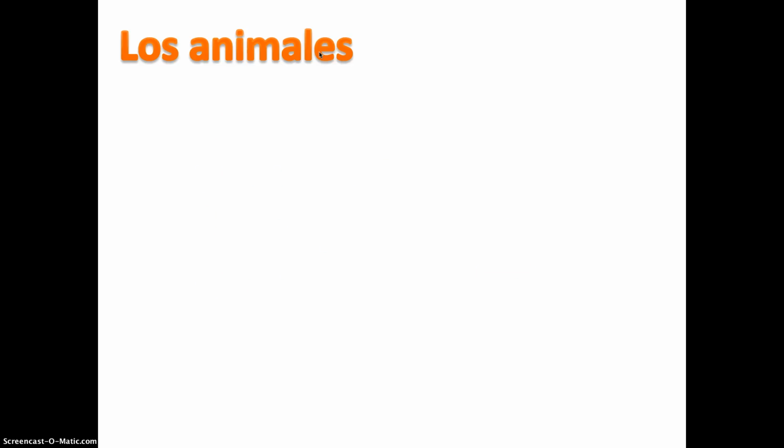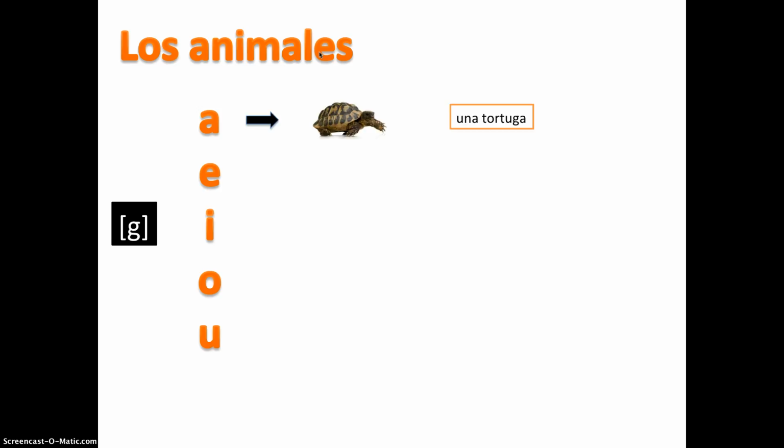Okay, moving on to our third sound in combination with vowels, A, E, I, O, U. We're now making the G sound. So for example, we have una tortuga. Say it, una tortuga. Then we have un guepardo. Say it, un guepardo, a cheetah.